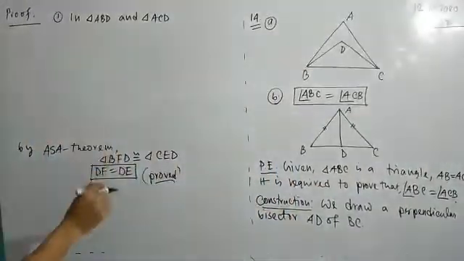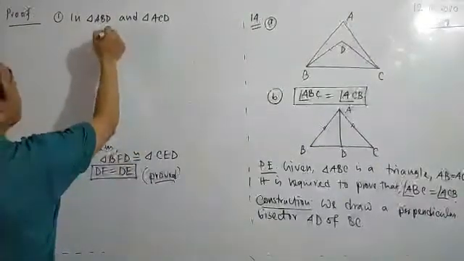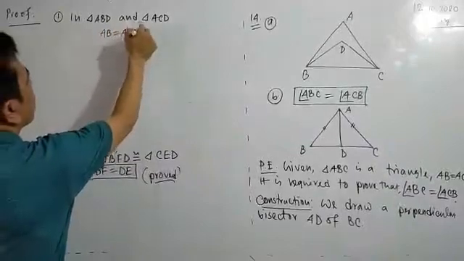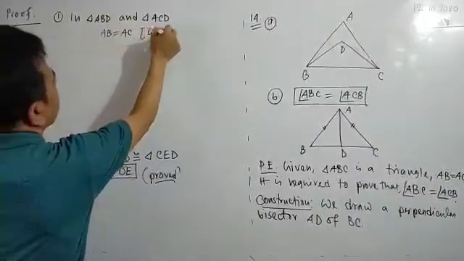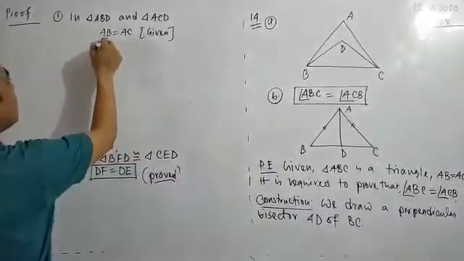Okay, in ABD we can write AB equals AC, it's given in the question, and BD equals CD.